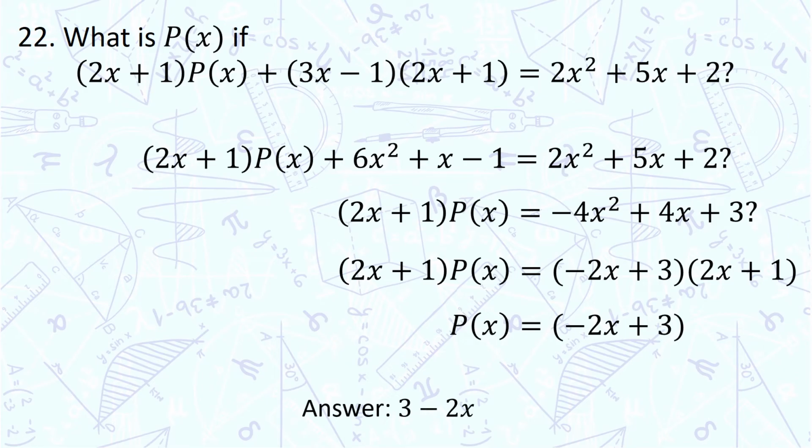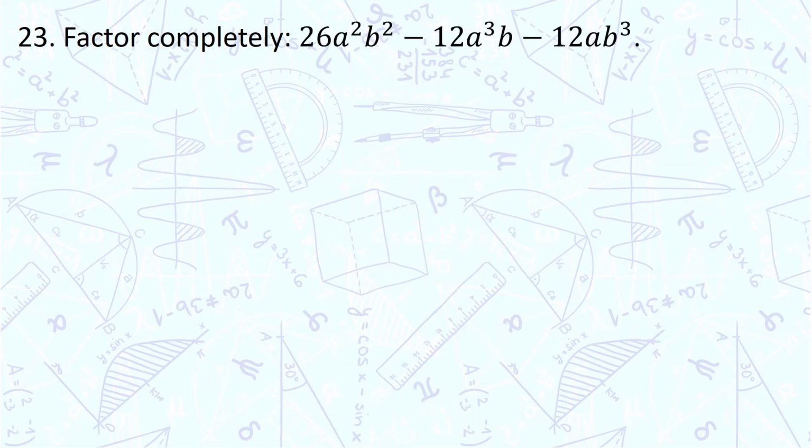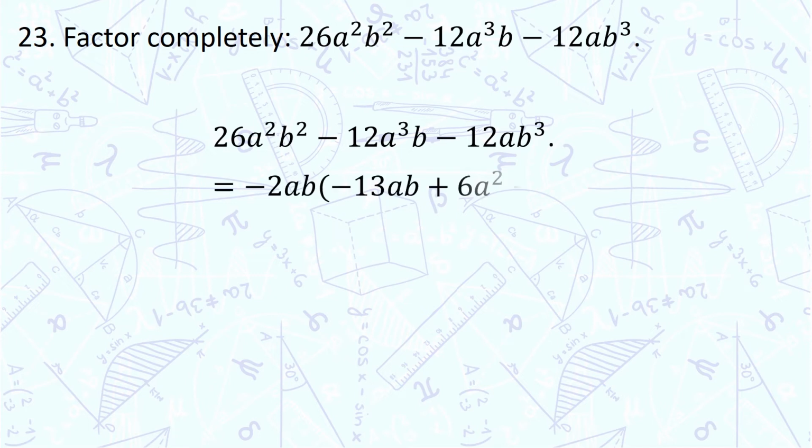23. Factor completely. 26a squared b squared minus 12a cubed b minus 12ab cubed. We have a common monomial factor, that is negative 2ab. So we have negative 2ab times the quantity negative 13ab plus 6a squared plus 6b squared.